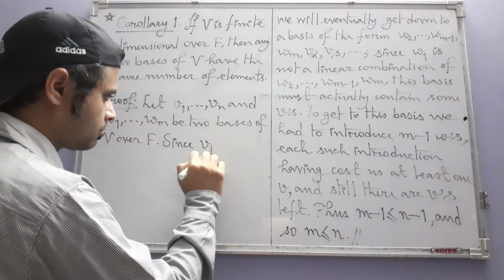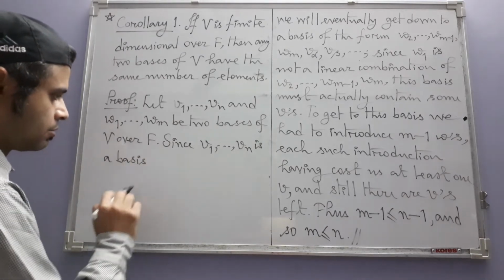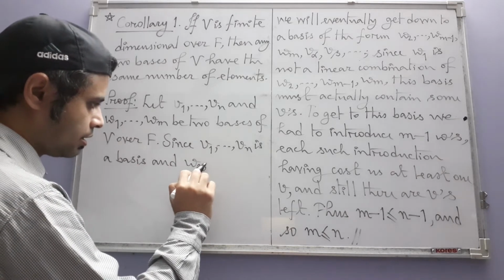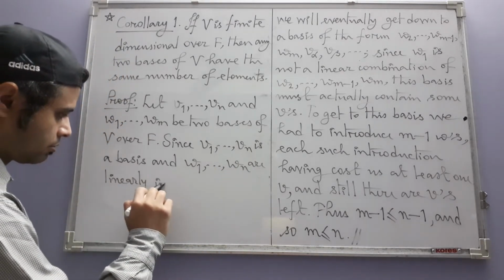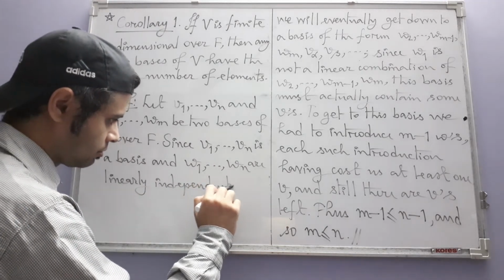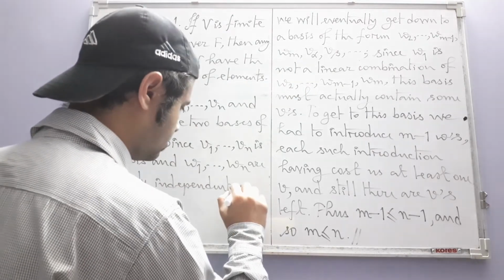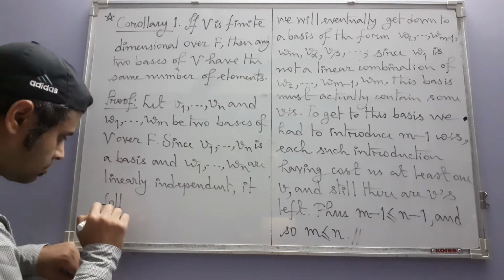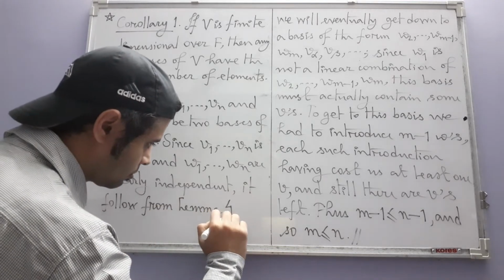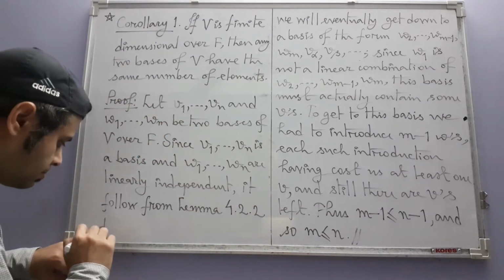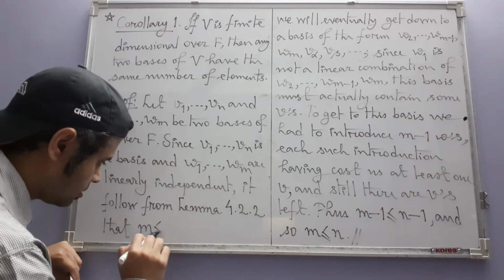Since the v's form a basis and the w's are linearly independent, because they also form a basis and being a basis they are linearly independent, it follows from lemma 4.2.2 that m is less than or equal to n.